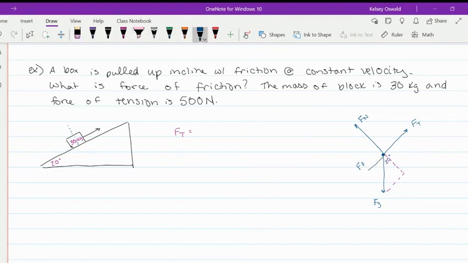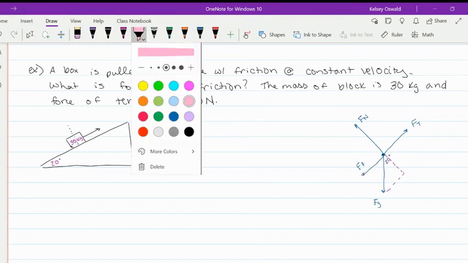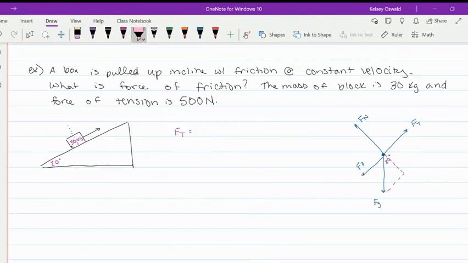Since we have two forces pointing downhill, we need to add those together to equal our one force pointing uphill. Okay, so our force of tension, our force pointing uphill, would be equal to our two forces pointing directly opposite it. So that would be our force of friction plus the x component of our force of gravity, Fgx.